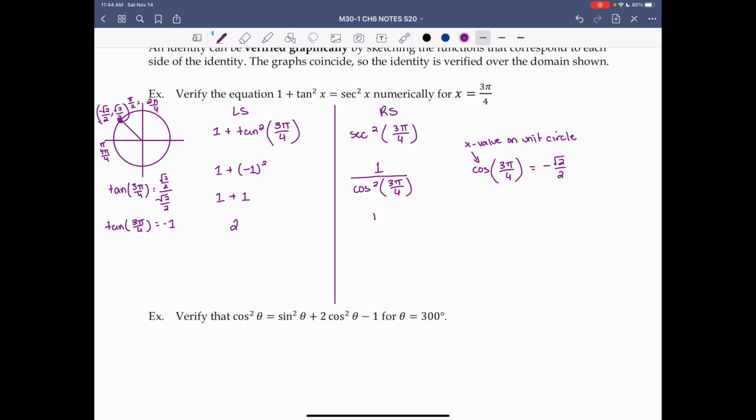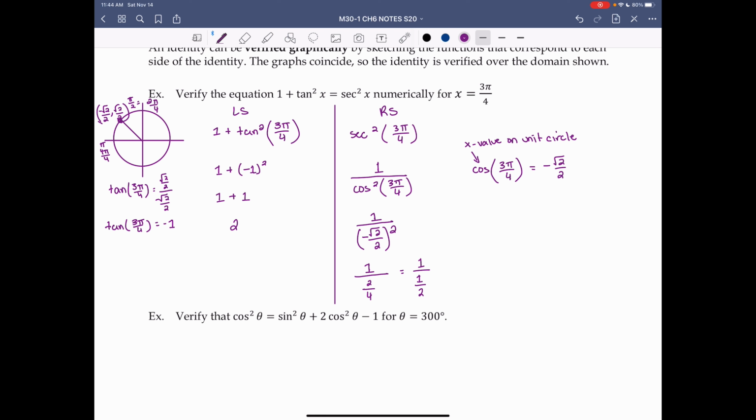So then we get the right side equals 1 over negative root 2 over 2 squared, because it's cos squared of 3 pi over 4. We square this and we get 1 over 2 over 4, which equals 1 over 1/2.